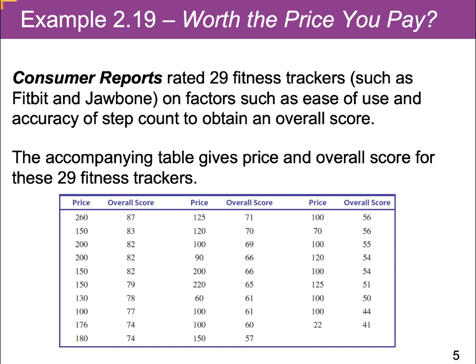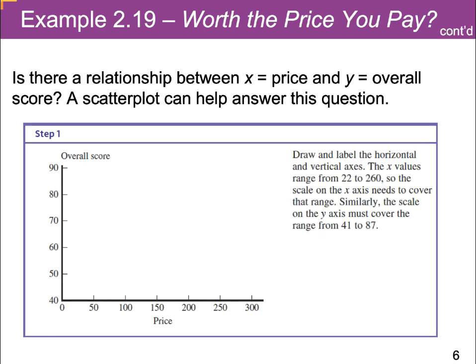Now sometimes it's important to consider which variable needs to be on the x-axis and which variable needs to be on the y-axis. You can make that decision by saying, which variable do I think is explaining the change in the other? So here, the price would explain the score, we would think. So we'll put the price on the x-axis and the score on the y-axis.